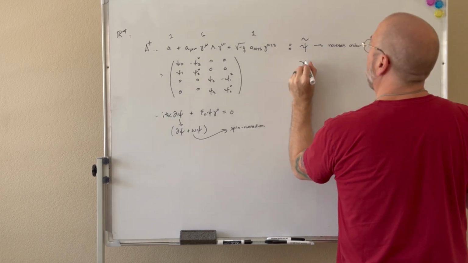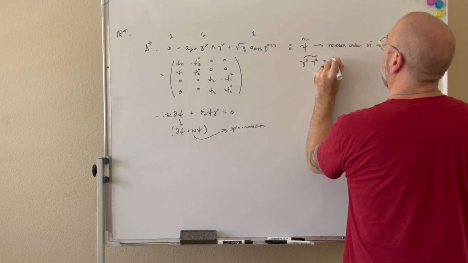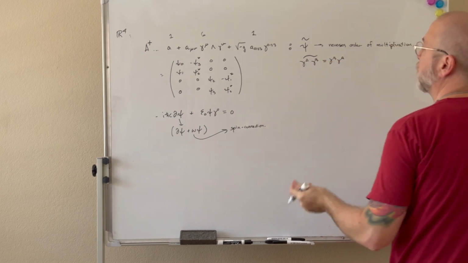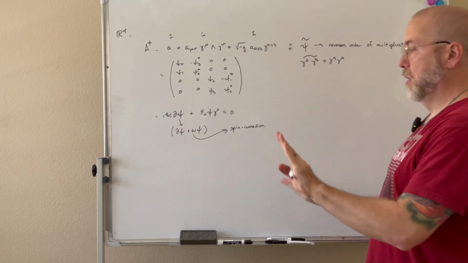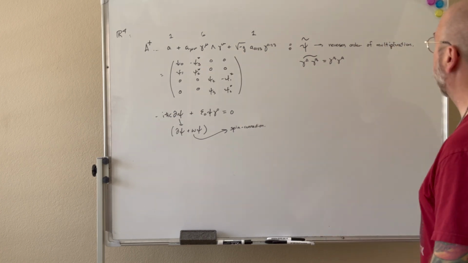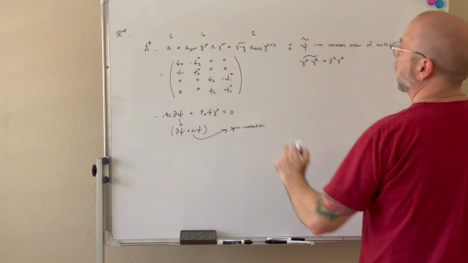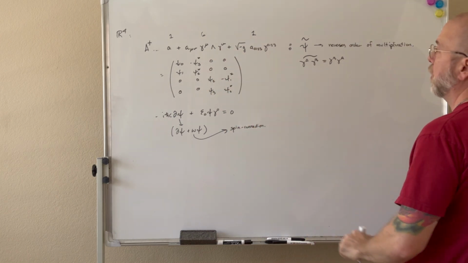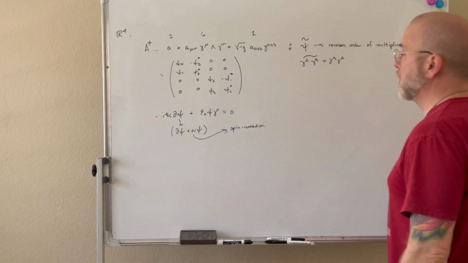So if I have gamma A, gamma B, and I tilde it, I get gamma B, gamma A. That's all we're doing here, taking the elements of each one of these and flipping their order. Because of our rule, in the case of the areas, that gives us a negative. In the case of this, it stays the same, and of course, a scalar stays the same.